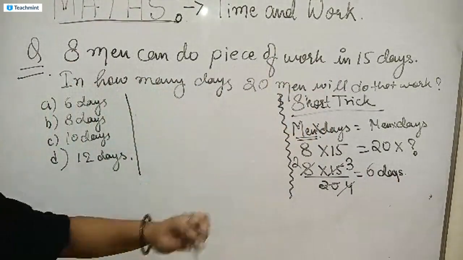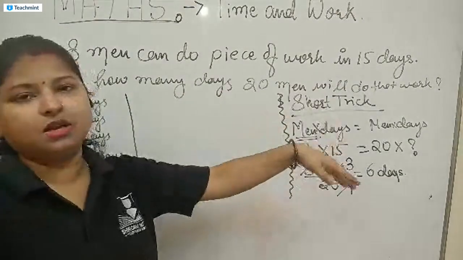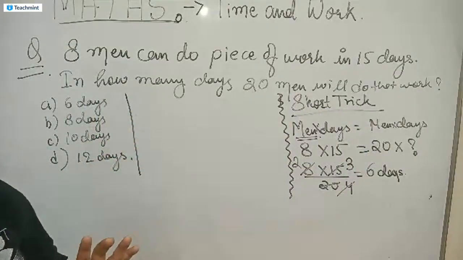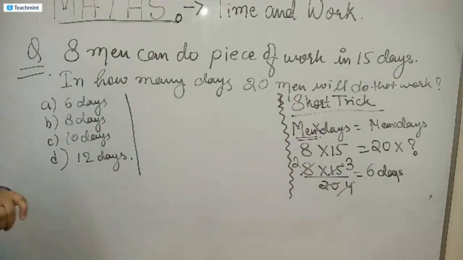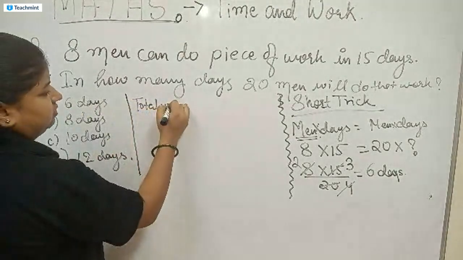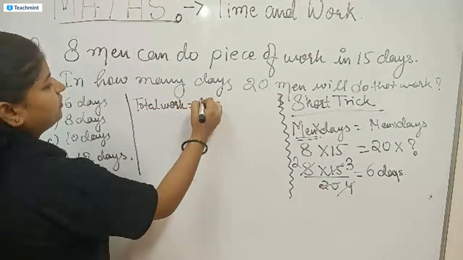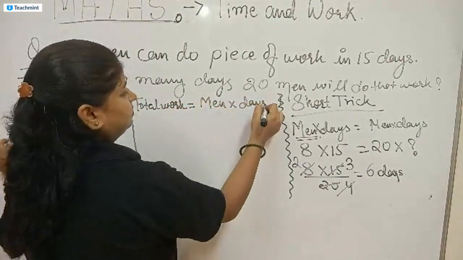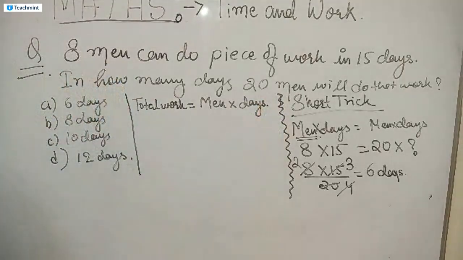This is the short trick formula: men into days is equal to men into days. Why does this short trick occur? Let us understand the concept. Always remember, beta, total work is always equal to men into number of days.